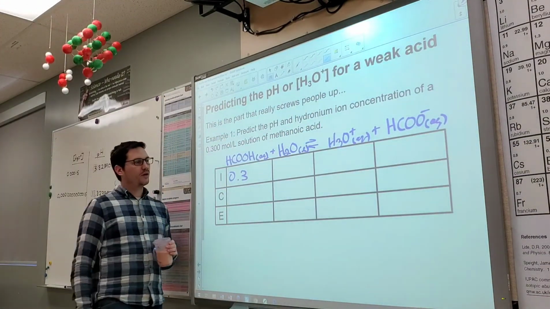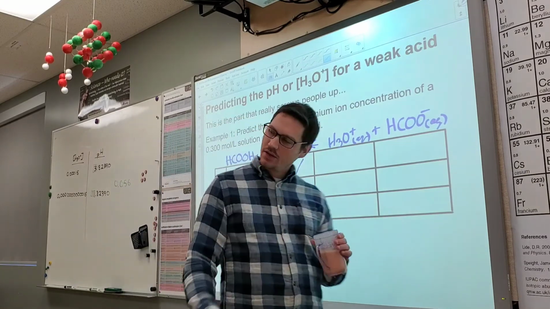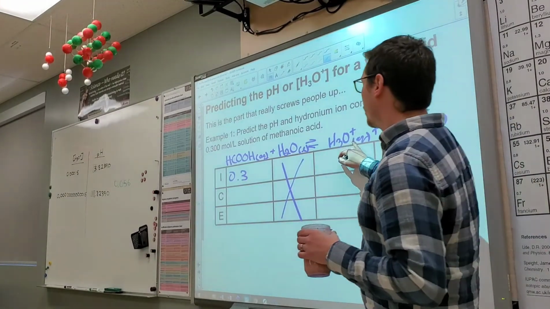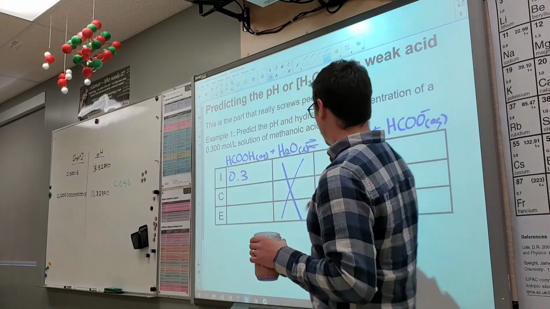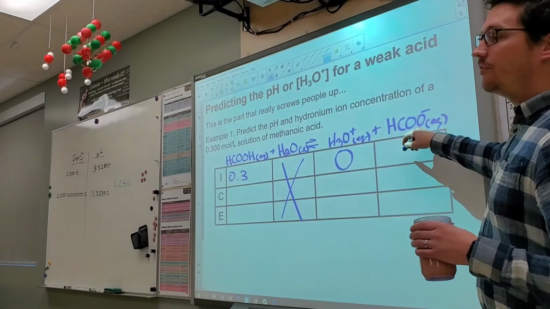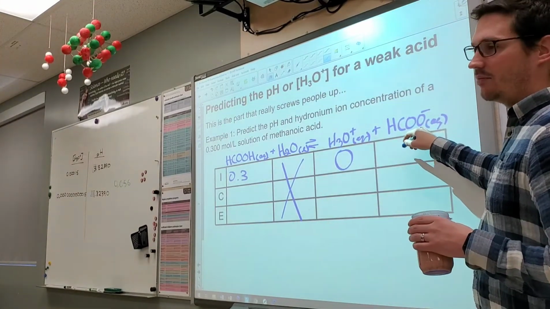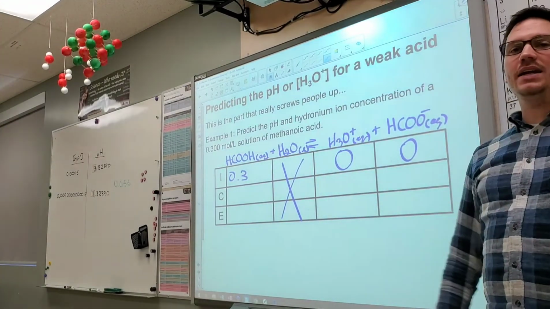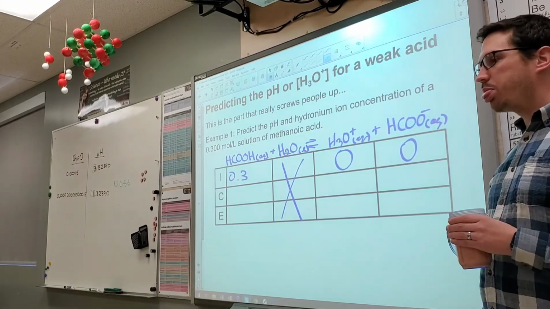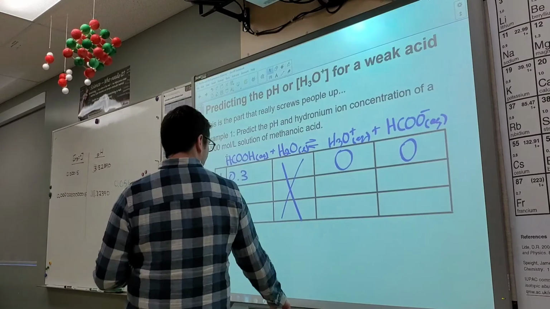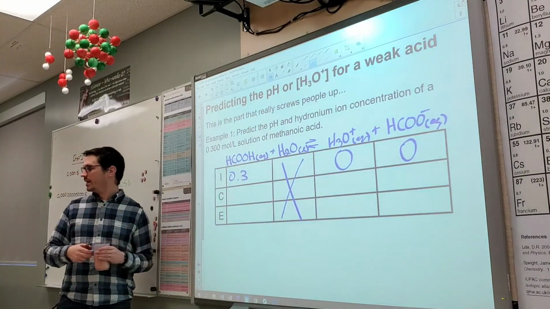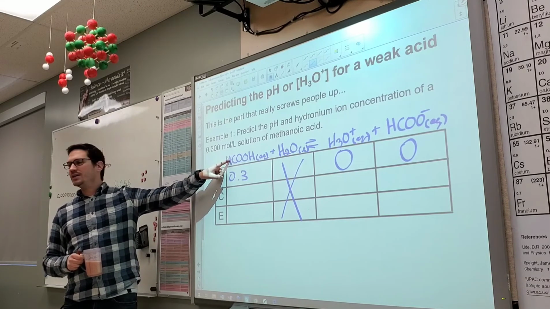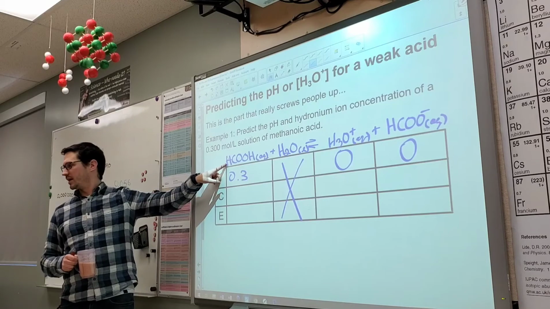0.3. Water nobody cares about because it's a liquid and a heterogeneous reaction. How much hydronium did we have in our pure water before adding the formic acid? 0. How much formate or methanoate did we have before adding the formic acid? 0. Okay. Can I complete any of these columns? No. All right, let's use some other tools in our tool bag. Am I going to increase or decrease my concentration of formic acid?